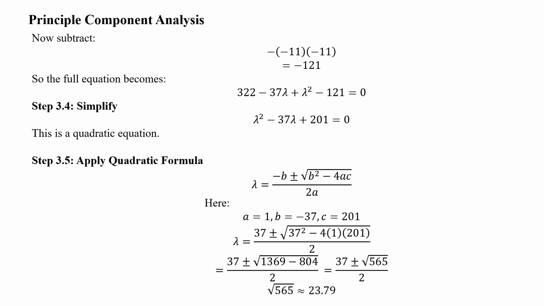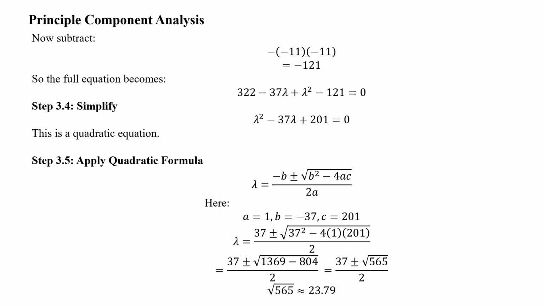Lambda equals negative b plus or minus the square root of b squared minus 4ac divided by 2a. Here, a equals 1, b equals negative 37, c equals 201. Substituting the values, it gives the square root of 565, which is approximately 23.79.